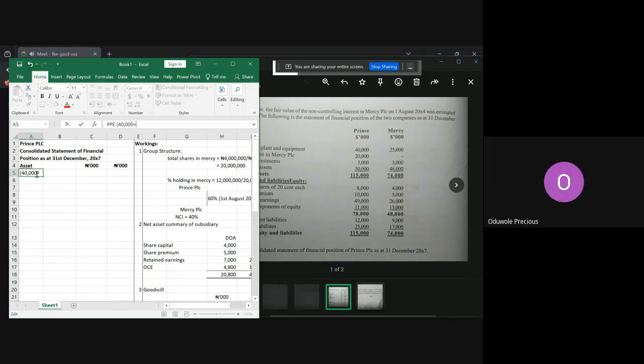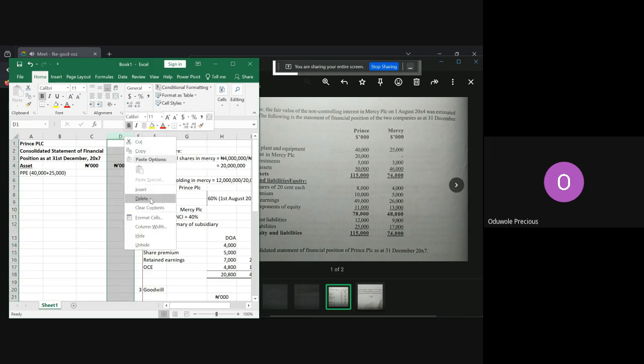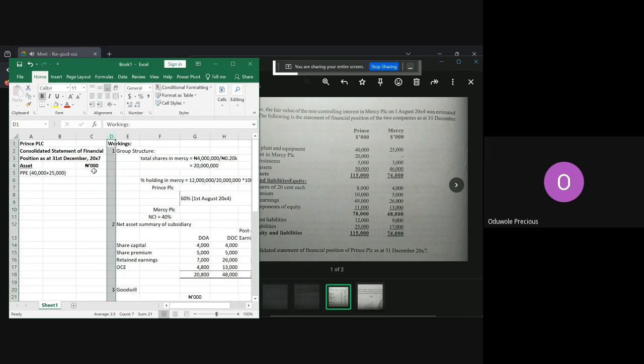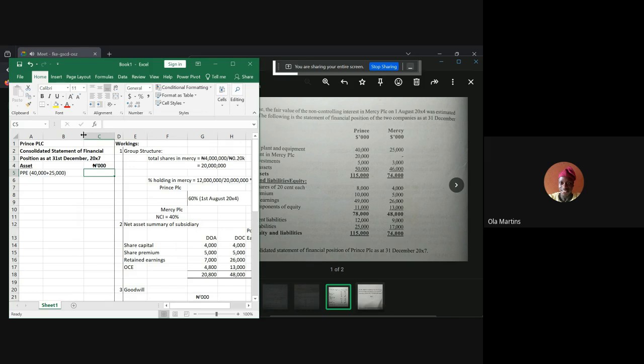Let me use one error column since I'm not going to be doing it separately. Okay, this is 65, right? Yes.